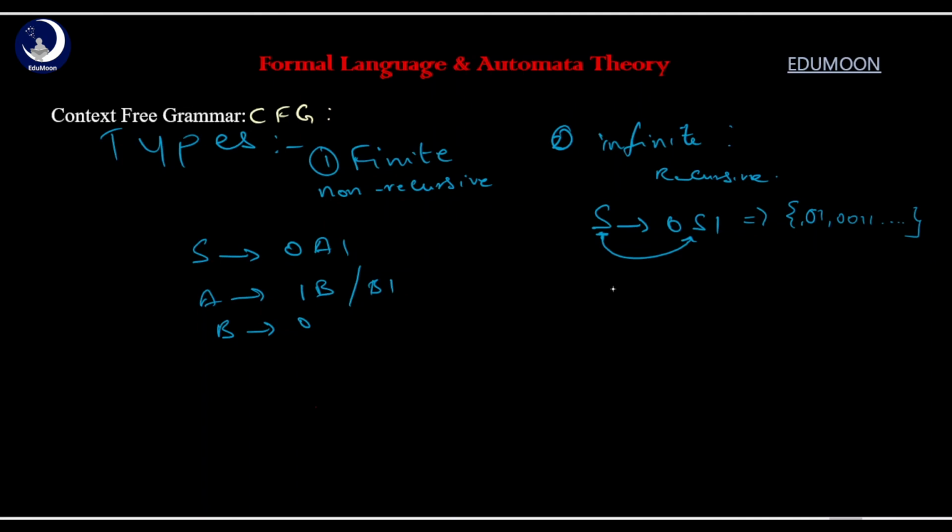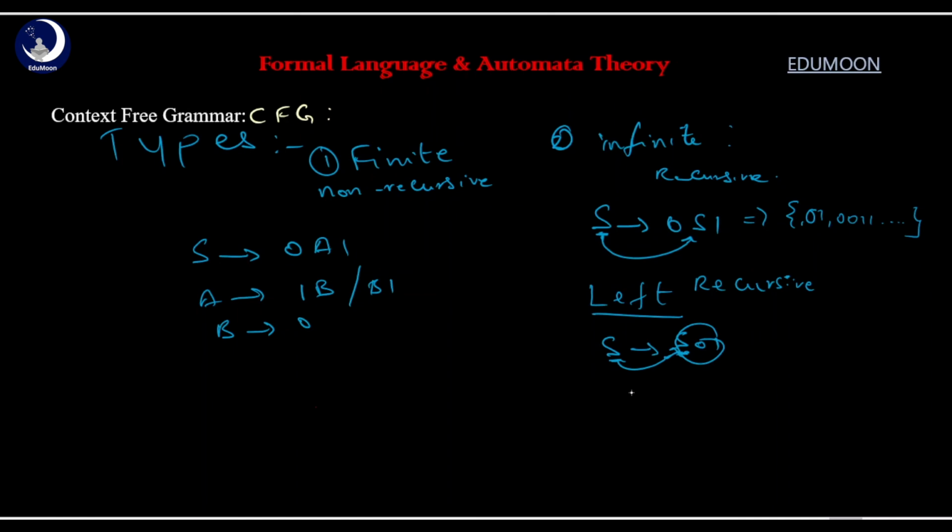And in recursive grammars, there is also something called left recursion, which is very important. We'll be discussing that again in later classes. What does left recursion mean? The variable is again generating the same variable at the start, like this one. On the right hand side of the rule, the first symbol is again the same symbol, so we call it left recursion.